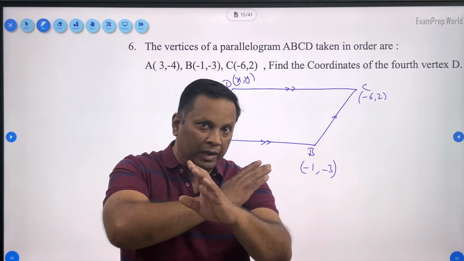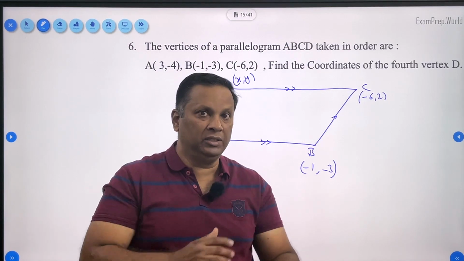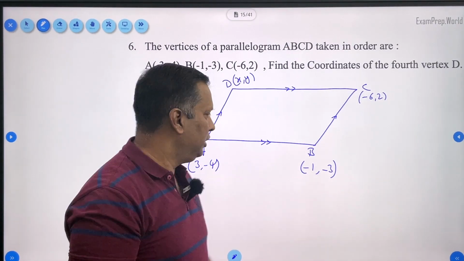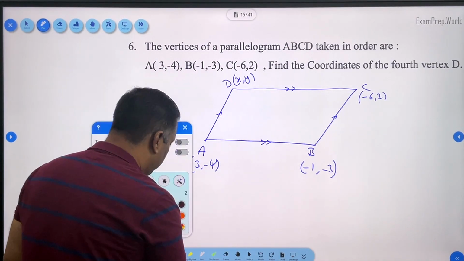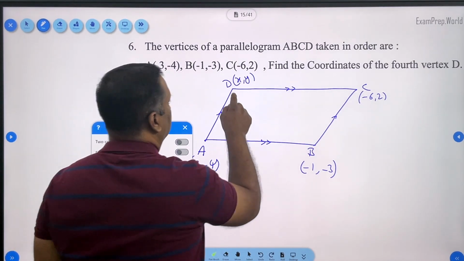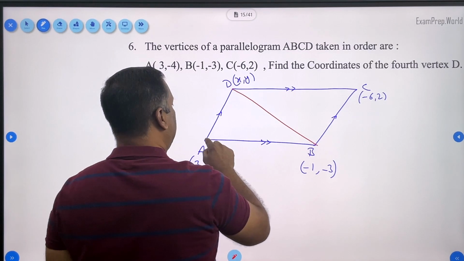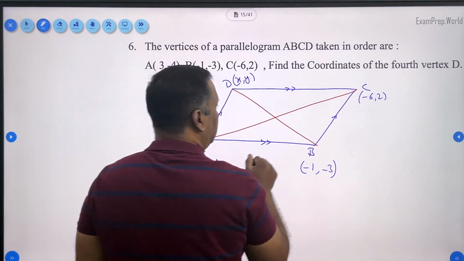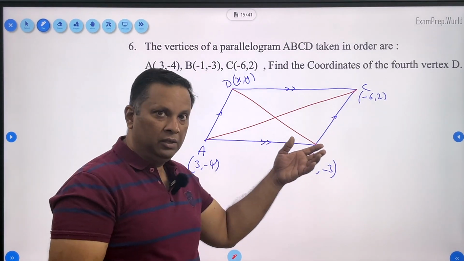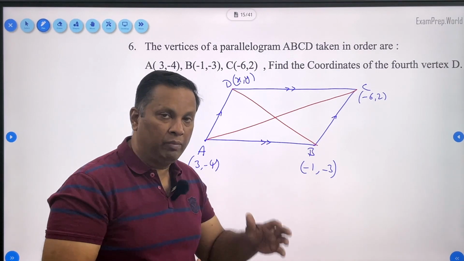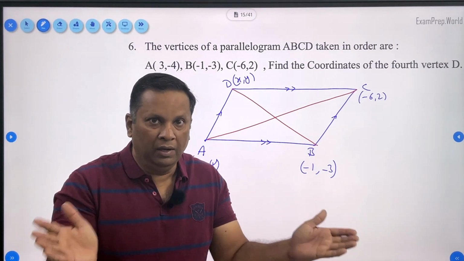The diagonals of a parallelogram bisect each other. Bisect means they intersect at their midpoints. Okay. So let me draw with another color and show you here. These are the diagonals, DB and AC. Now these two diagonals, what I said, they are bisecting each other. Bisecting means dividing into two equal halves.